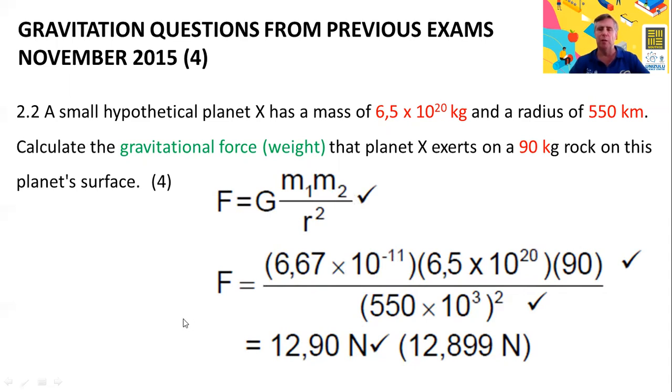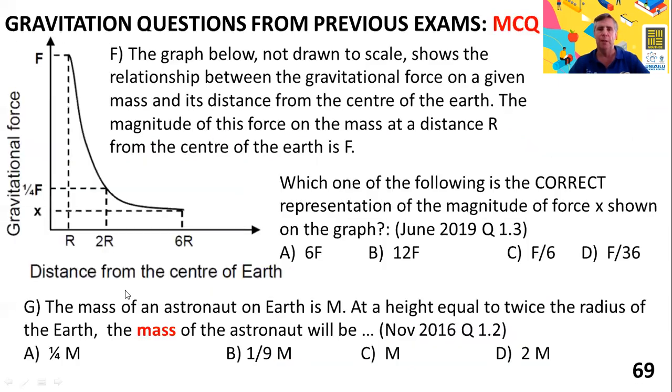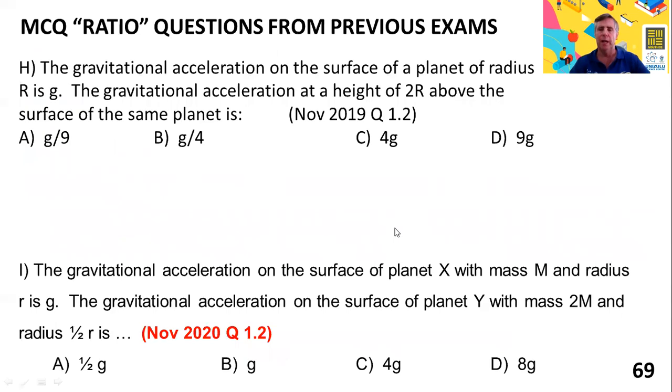So very few questions on gravitation in the long questions, but examiners love to ask on gravitation in the multiple choice. And you can see some gravitation multiple choice questions on page 69 in your booklets. And you can see here 2 different questions about gravitation. And again, lower down on page 69, 2 more questions, including one from the November 2020 paper and November 2019.